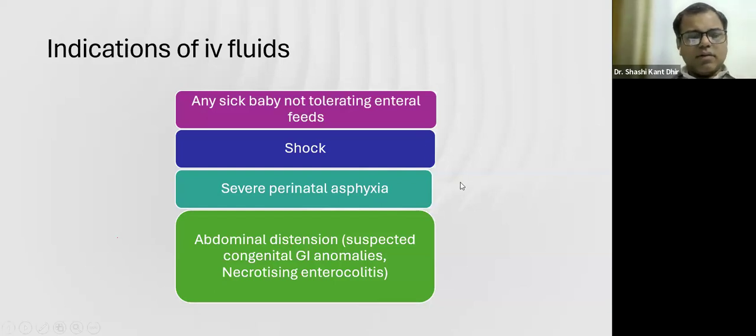Any neonate, even on day one, if less than 30 weeks, should also be given IV fluids to start with. And meanwhile, if the baby is stable, we can give minimal enteral nutrition in addition to the IV fluids, and that fluid has to be subtracted from the IV fluid, right? So which baby should be given IV fluids is an important one, right?